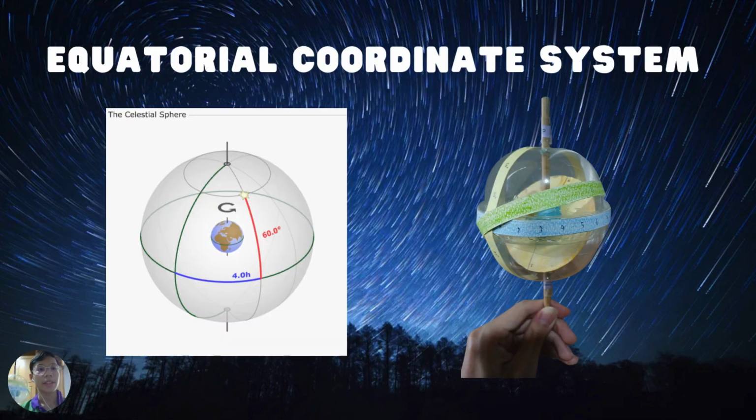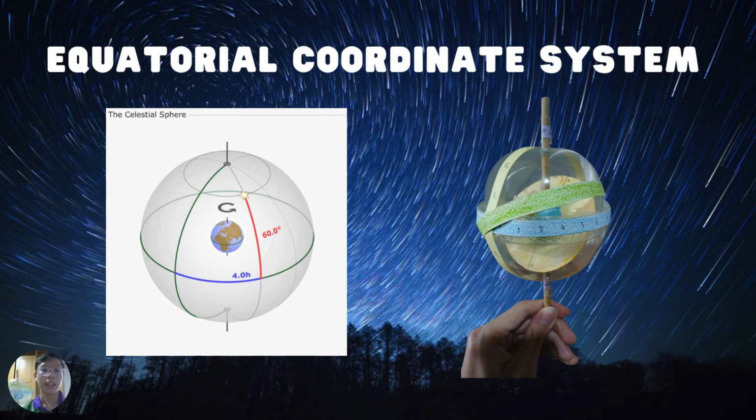Now let's talk about the equatorial coordinate system, which is used to locate celestial objects on the celestial sphere. The reference plane of this coordinate system is the celestial equator, and the reference points are the north celestial pole and the south celestial pole. In this coordinate system, there are two types of coordinates, the declination and the right ascension.